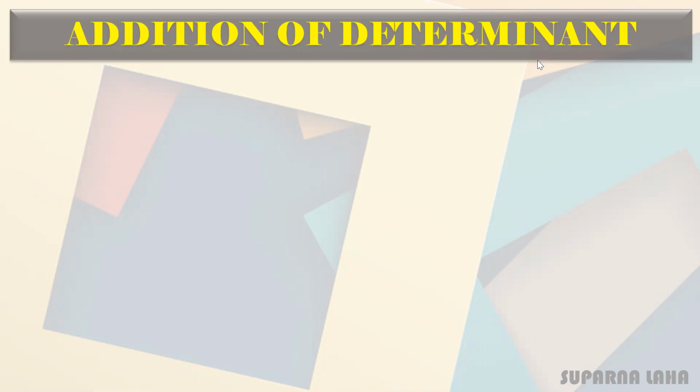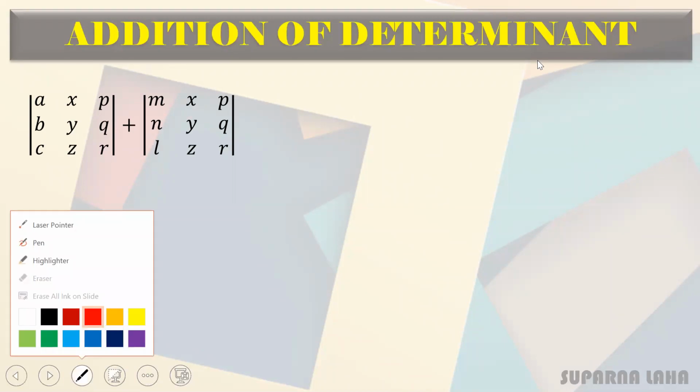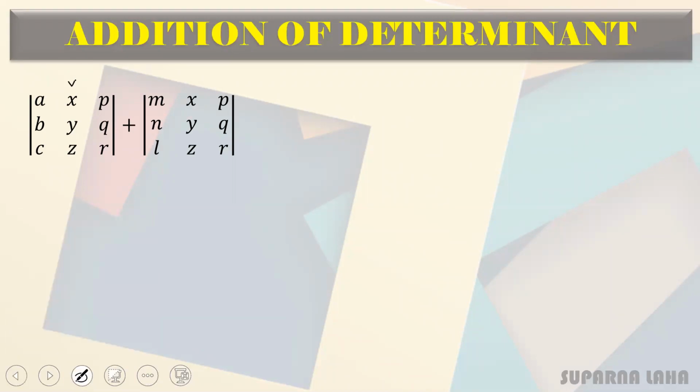So what is it, and how do we add two or more than two determinants? Here I am taking two determinants: A, B, C, X, Y, Z, P, Q, R, and the second one M, N, L, X, Y, Z, P, Q, R. Look here: the second column and third column are the same in both determinants. The only difference is the first column.